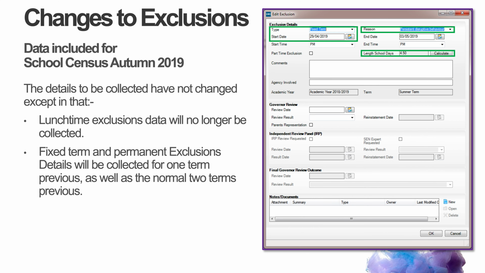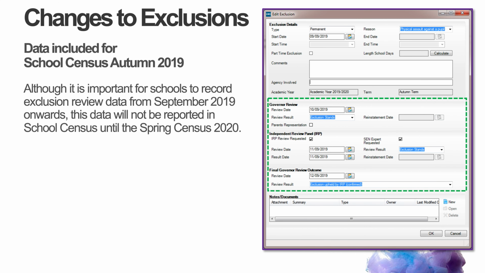And that should be about it. The details for the autumn return, once again, so we're zipping back to the autumn return. That's the process, basically, of recording the new review information that's required by census.